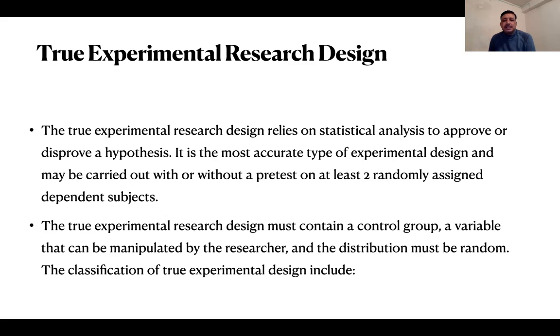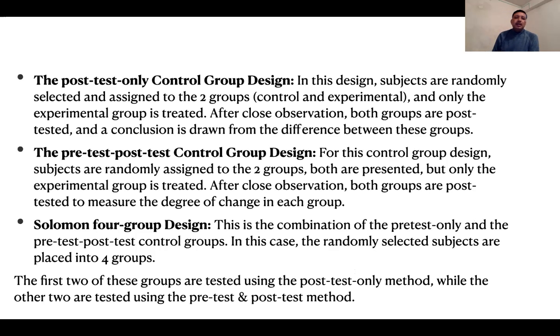The true experimental research design must contain a control group, a variable that can be manipulated by the researcher, and the distribution must be random. The classification of the true experimental design includes the post-test only control group design. The second one is the pre-test, post-test control group design. The third one, Solomon four-group design. These are the three different control group experimental designs.